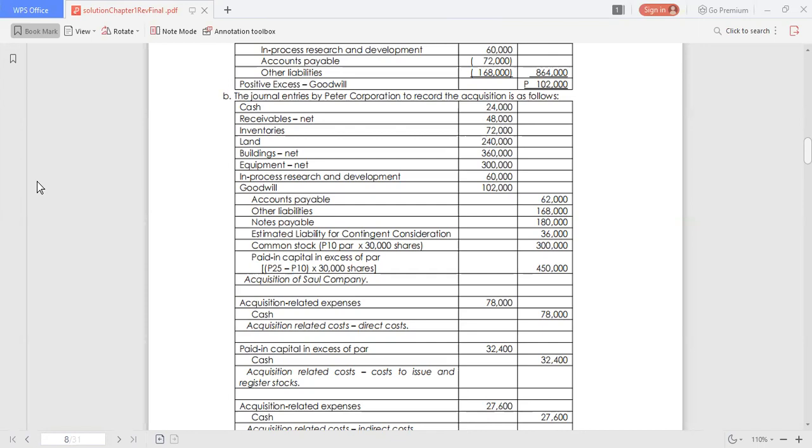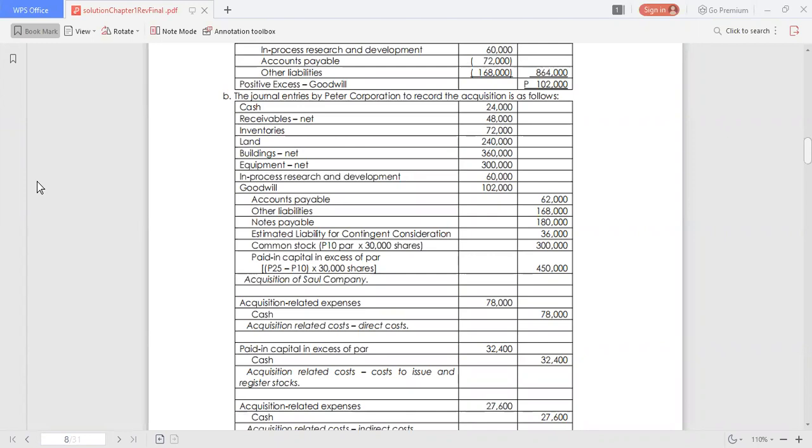Then the credits, we have 220, 180 plus 36 is 216 and 750.